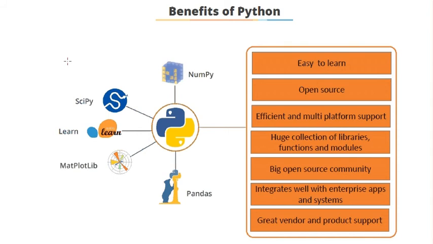So first is easy to learn. Python is a very easy programming language if you are going to start learning Python. So I'm giving you a small example. In other programming languages, if you want to declare a variable, we need to first declare it by providing the data type, so it can understand that this variable holds only this data type.